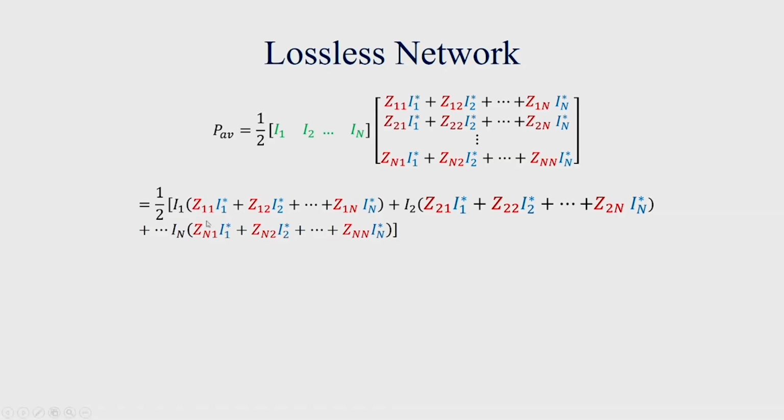We can see that each term within this first bracket is one summation, and then it has been multiplied by I 1, I 2. So, we can write P average as a double summation, m equal to 1 to n and n equal to 1 to n, of I m Z m n I n conjugate.